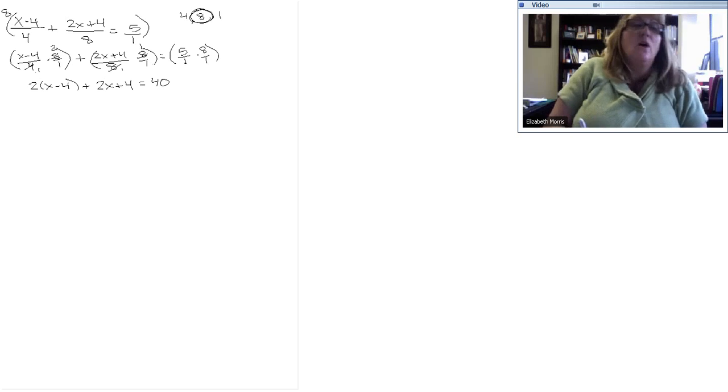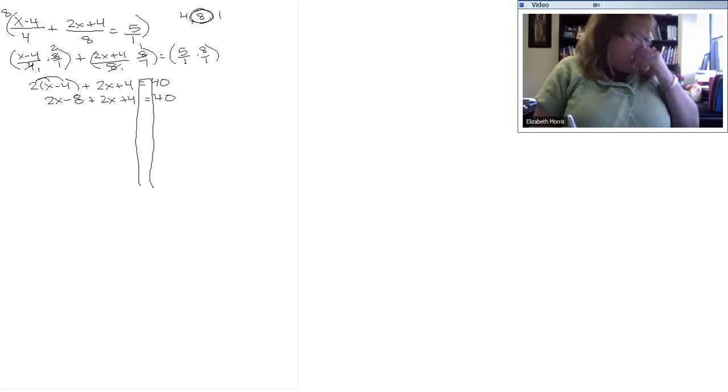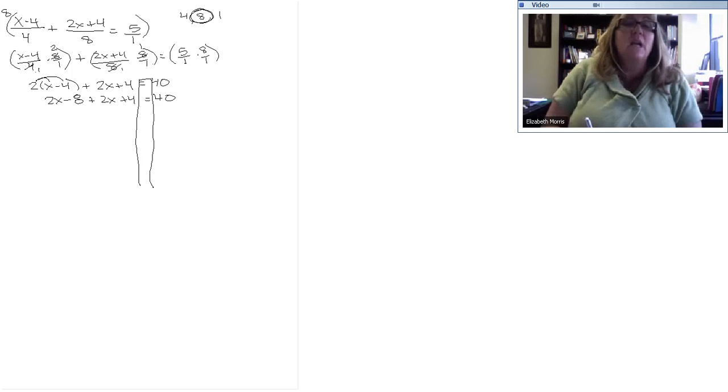Now we can solve this by remembering the wall here. All right, 2 times x is 2x, and 2 times negative 4 is negative 8, plus 2x plus 4 equals 40. Combine like terms: 2x and 2x gives me 4x, and negative 8 and positive 4 give you negative 4, equals 40.